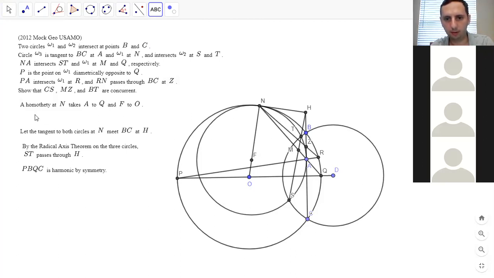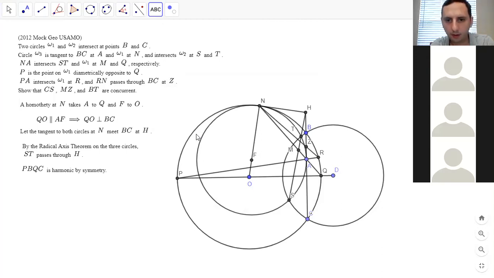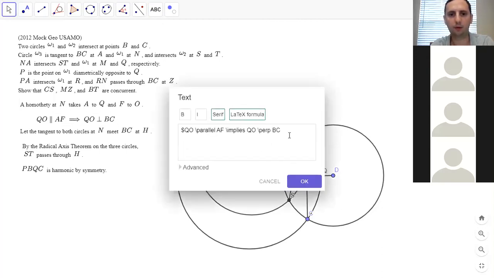And that means that Q is the midpoint of arc BC. And I think Daniel was just about to join, but he hopped off.